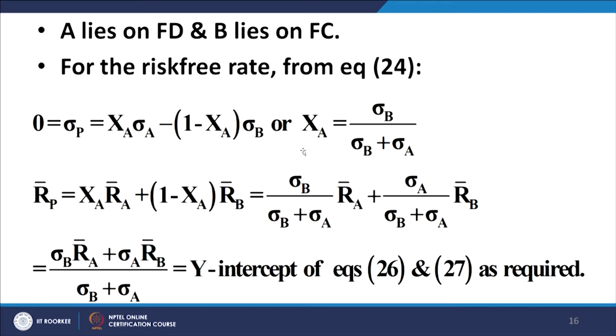Sigma_a divided by sigma_a plus sigma_b. Therefore, both securities are long in the risk free combination. Please note this. In the case of perfectly correlated assets, one security was long, one security was short in the risk free combination. Here both securities are long in the risk free combination.